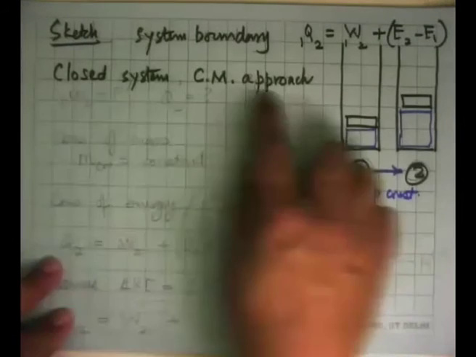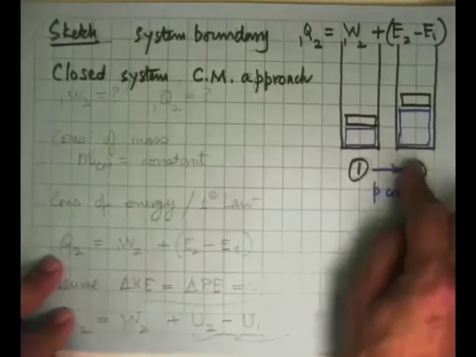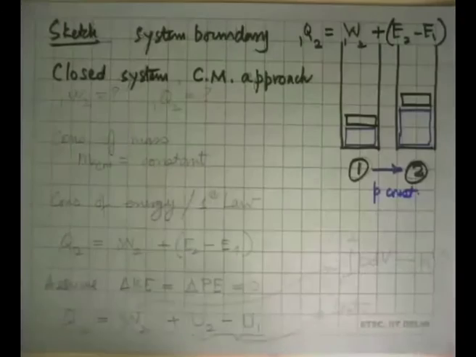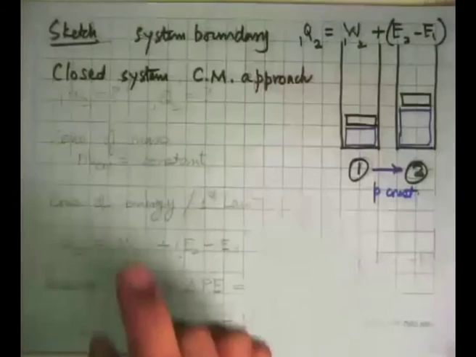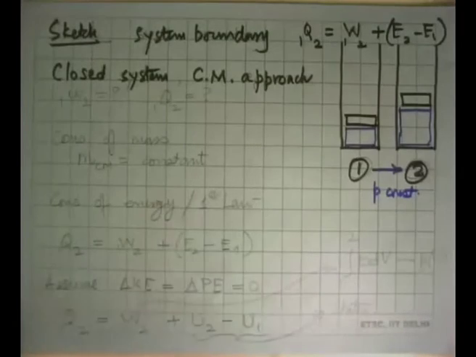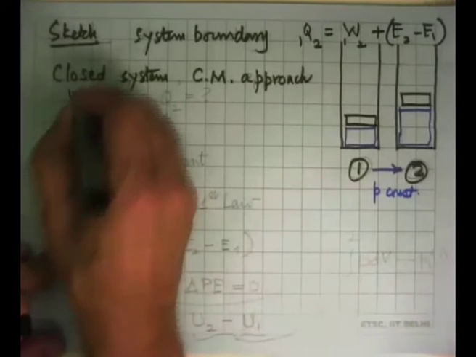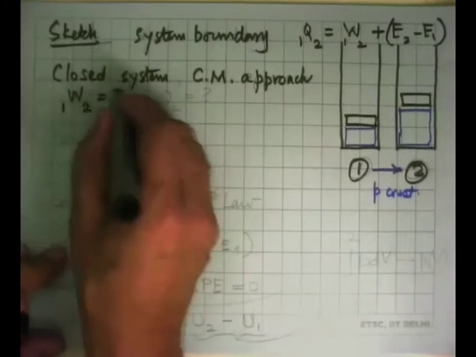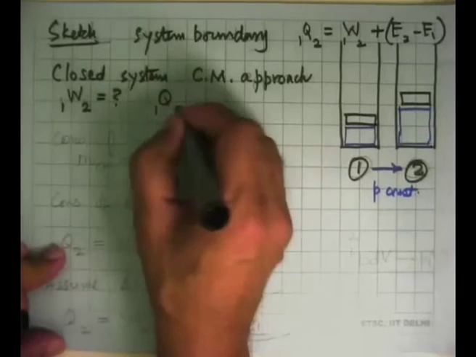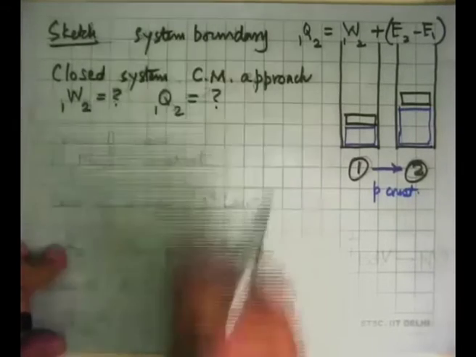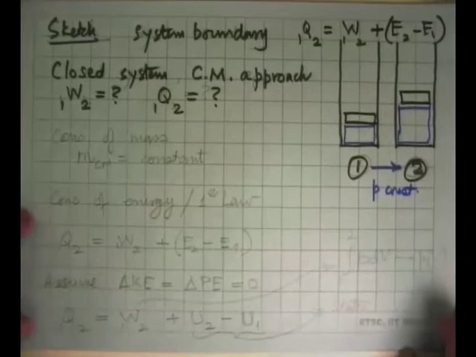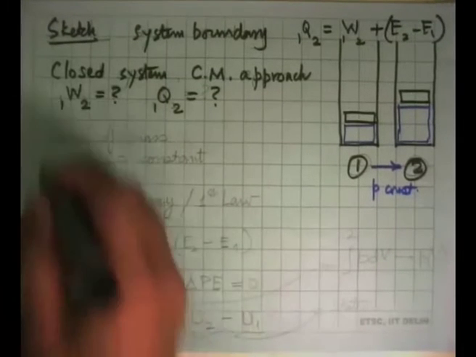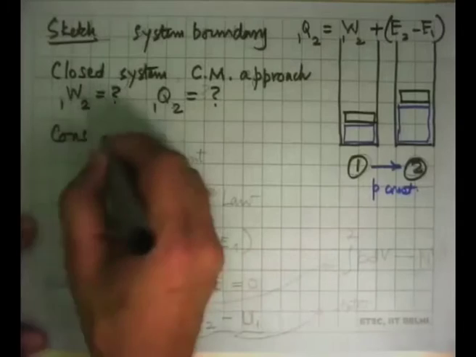So be very clear to understand what system we are looking at, make the sketch and say, well, this is what it is. And this is why we will use this particular type of equation. So now we are on the correct path here. And what we have been asked for is what is W12 and what is Q12. That's our objective.